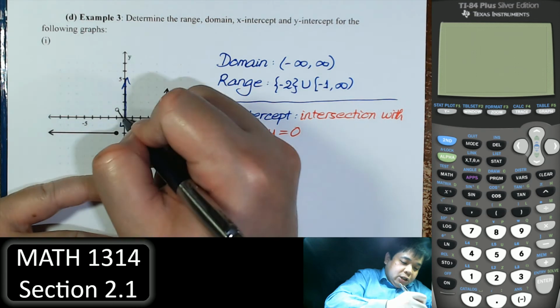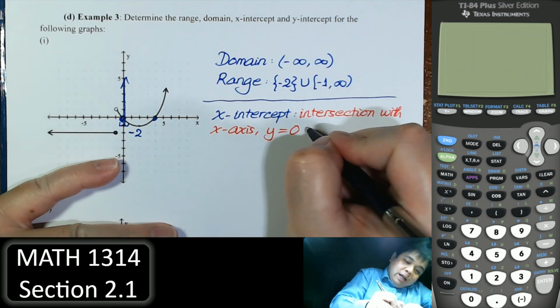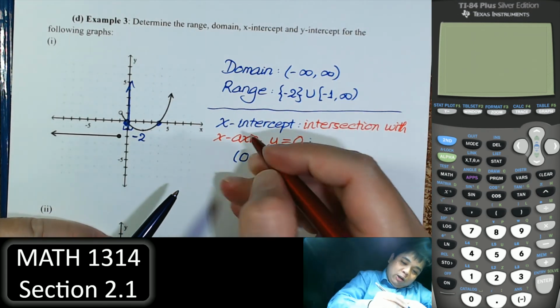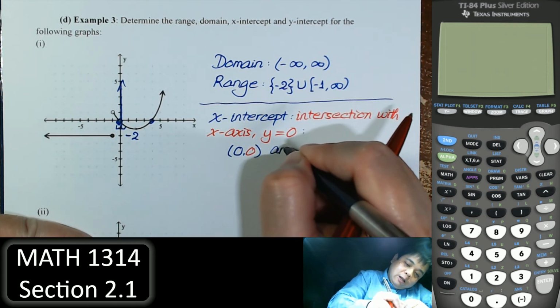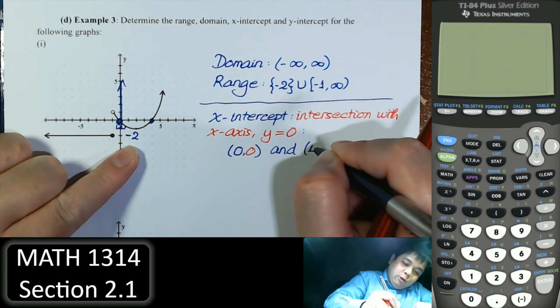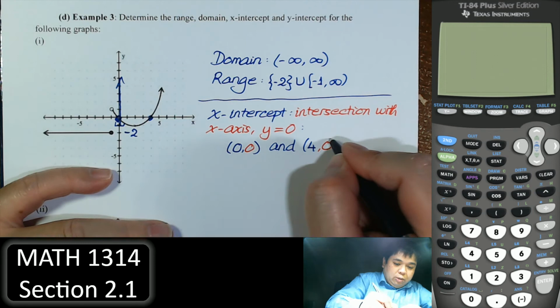So we see here one point here and one point there, and since y equal to 0, we have the point (0, 0), and x equal to 4, y equal to 0. So we have two x-intercepts.